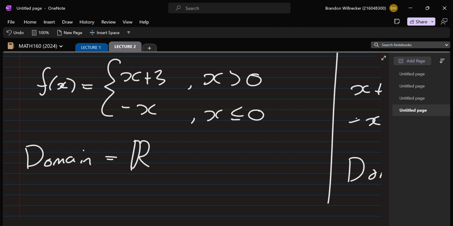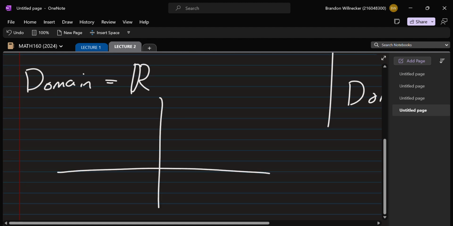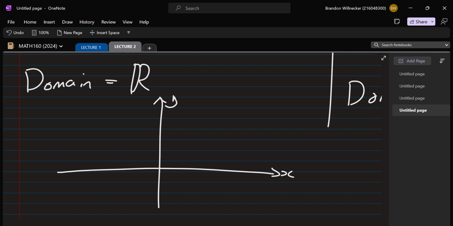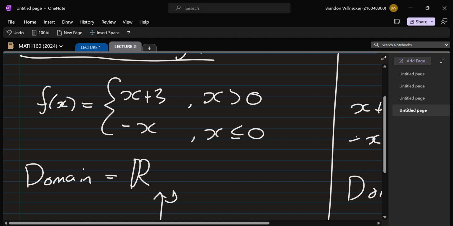Okay, what about the range? Well, an easy way to find the range is to sketch the function. If you know what the function looks like, you know what values the function maps to. So let's do that. Sketching the function is always the easiest way to see what's going on. Okay, x plus 3 for x being greater than 0.